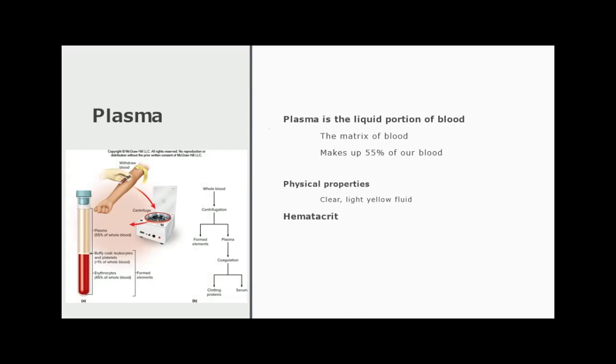When you measure and evaluate this, it's called a hematocrit, because it tells you percentage. The liquid portion, the plasma, when you separate it out, is the clear part. That makes up a little more than half, about 55%.